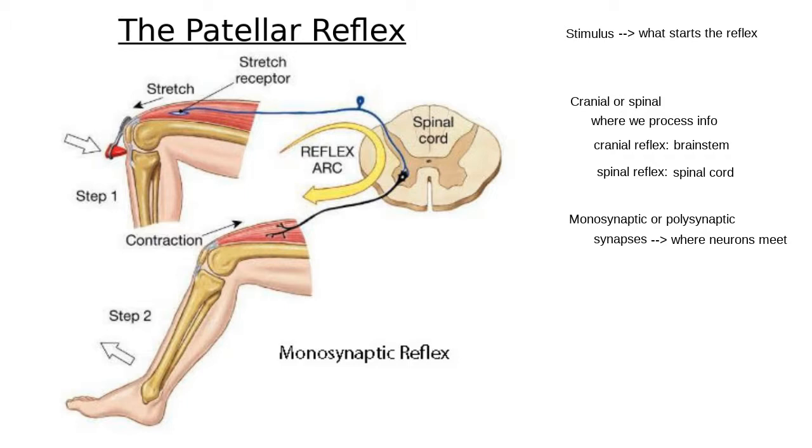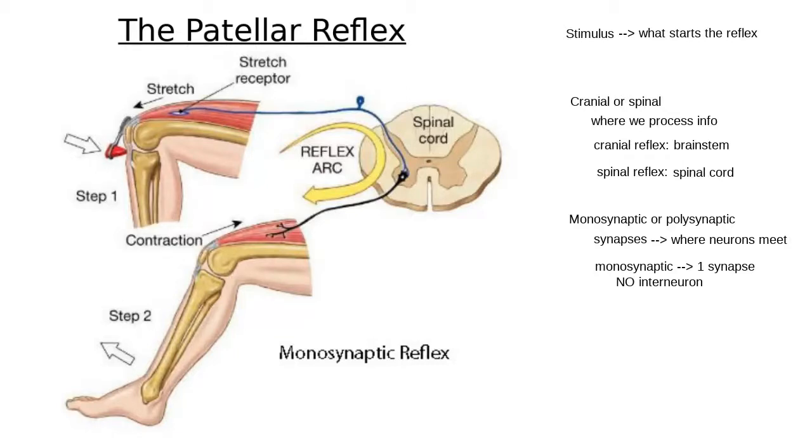When we talk about a reflex that is monosynaptic, how many synapses does a monosynaptic reflex have? Yeah, mono just means one synapse. If we have a monosynaptic reflex, we are going to have no interneuron.